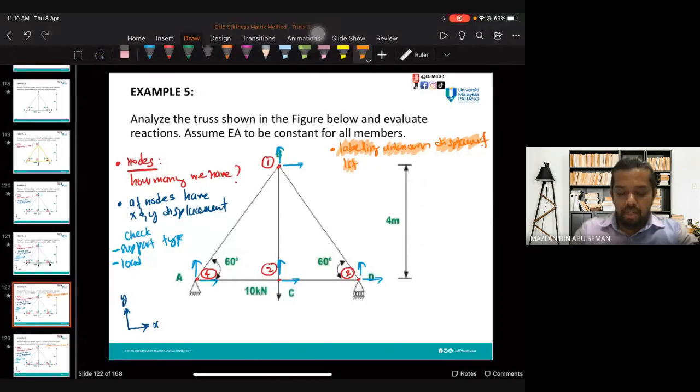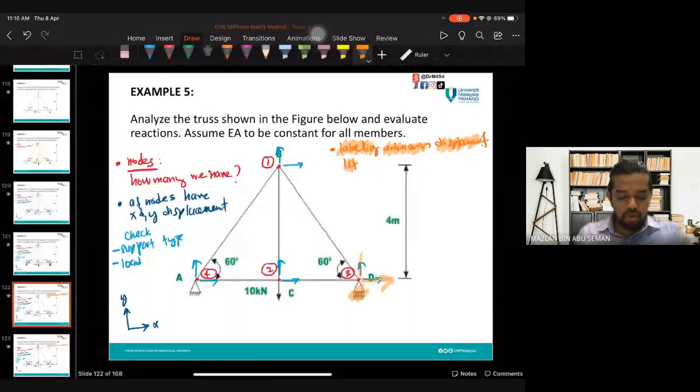Alright, that means you have to check your type of support and the direction of your load, and from that you can identify the unknown displacement. Certainly at a pin support there is no displacement in X or Y, but for a roller you are going to have displacement horizontally and zero displacement vertically.